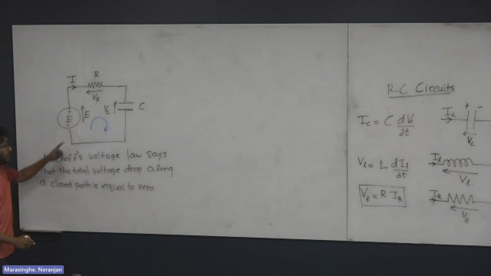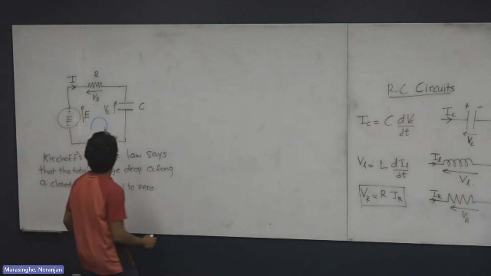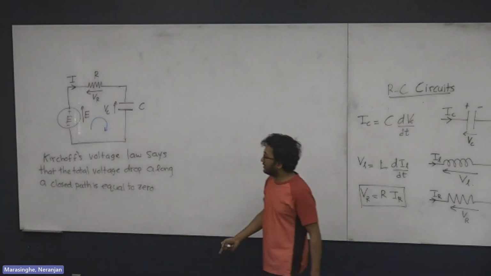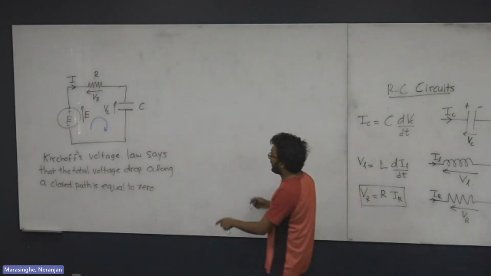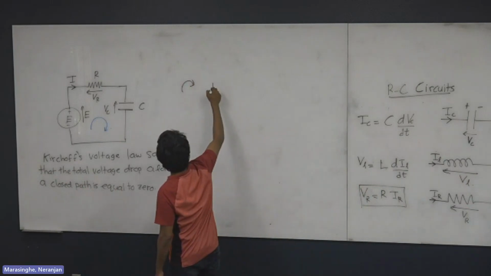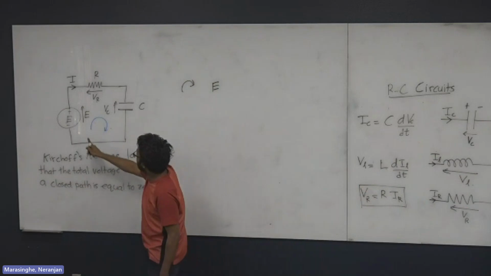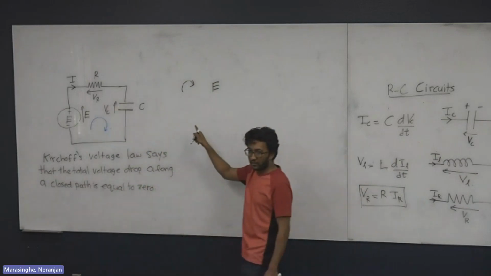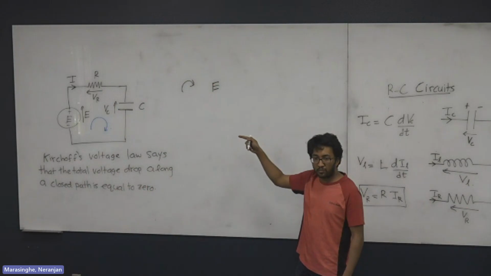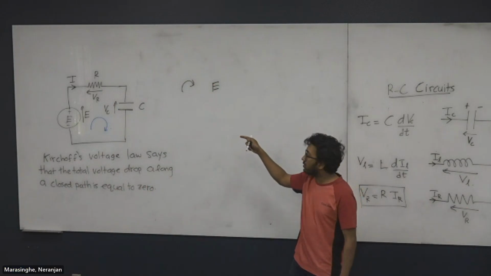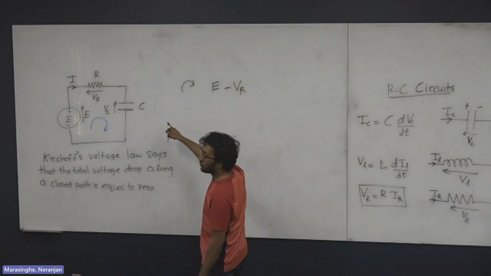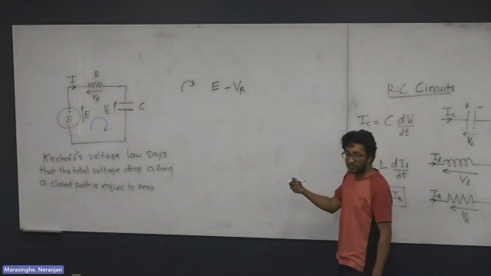Okay, so let's apply Kirchhoff's voltage law. Let's go along the clockwise direction. I have E, which is in the direction that I'm moving. But what can you say about VR? It is in the opposite direction to the one I'm moving, so E minus VR. What can you say about VC? It is also in the opposite direction.